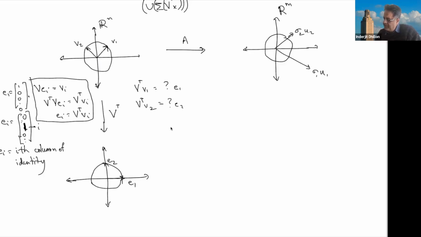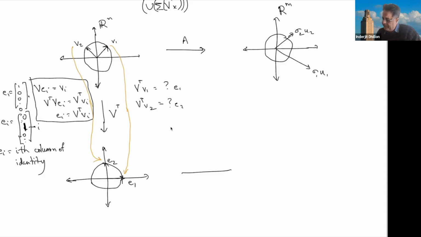And what this map V transpose is doing is that V1 is mapped onto E1 and V2 is mapped onto E2. Okay, so that's the first part of the linear transform.